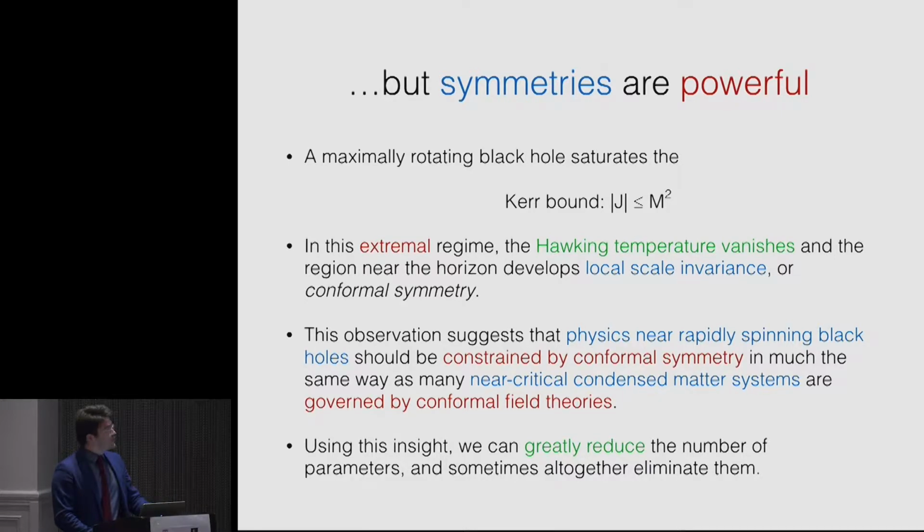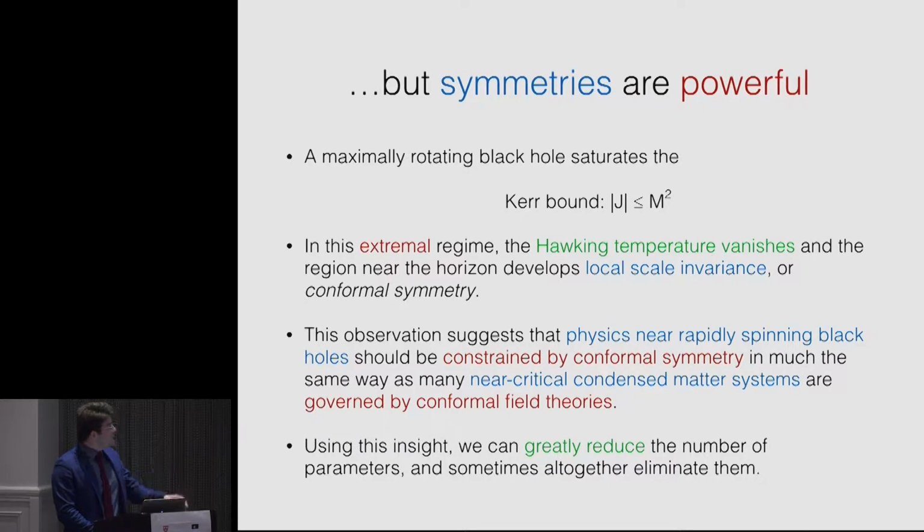In the extremal regime, there are many surprising special things that happen. In particular, the Hawking temperature of the black hole vanishes, and the region near the event horizon develops local scale invariance, or conformal symmetry. Now, this is the same kind of conformal symmetry which arises in many other situations in physics, and I think this highlights the unity of nature.